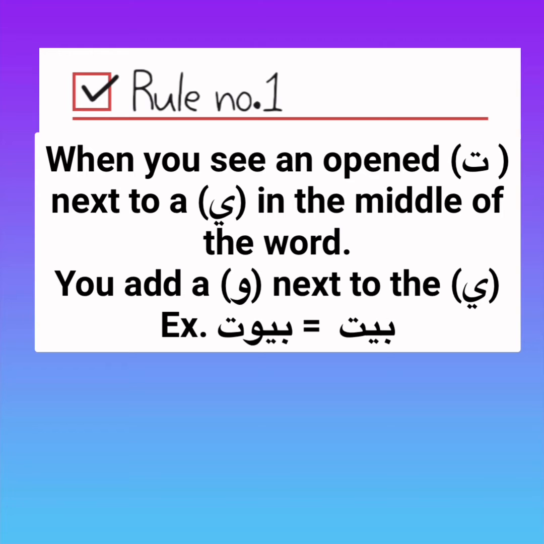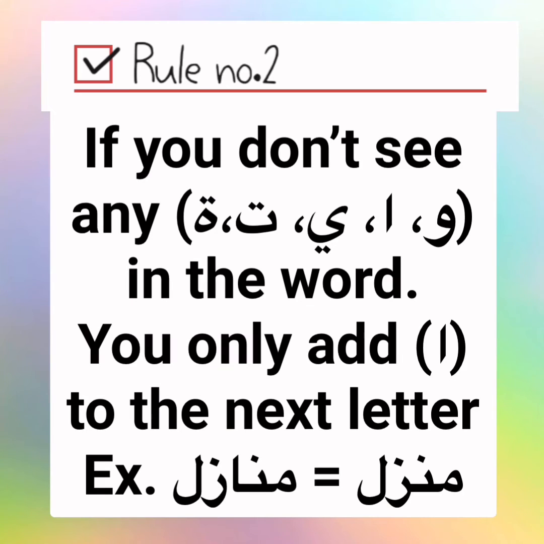Number 2 is that if you don't see any waw, alif, ya, or open ta or closed ta in the end, you have to add only one letter, the alif, to the second letter, like Menzel, manazil.